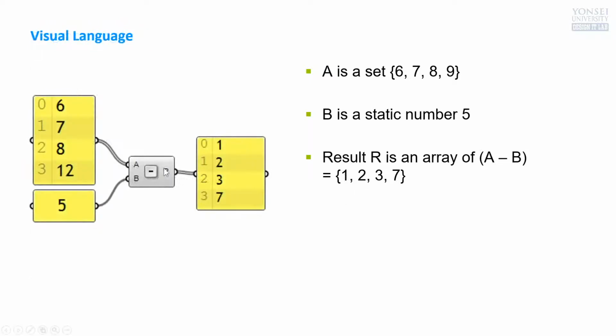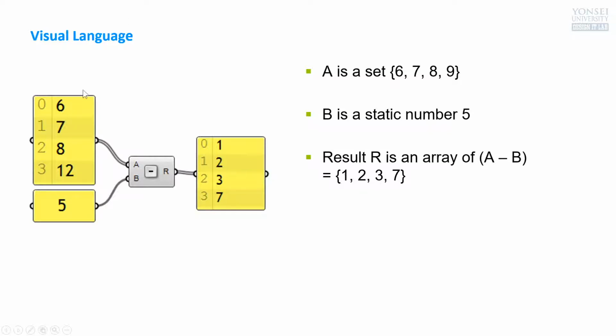As you see here, set A is 6, 7, 8, 12, set B is 5, and result means total A minus B. So 6 minus 5 is 1, 7 minus 5 is 2, 8 minus 5 is 3, 12 minus 5 is 7. So result R returns 1, 2, 3, 7, this way.